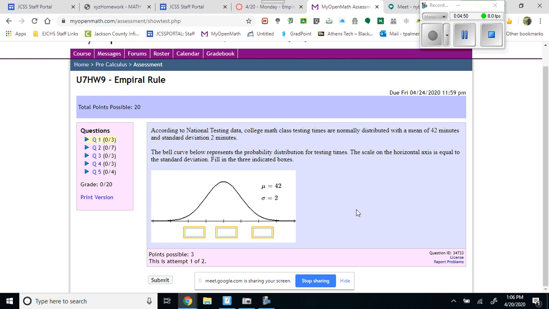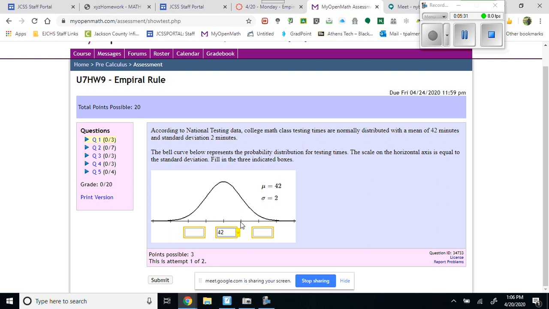Like for this one, according to national testing data, college math testing times are normally distributed with a mean of 42 and a standard deviation of 2 minutes, right? So the bell curve below represents the probability distribution for testing times. On the scale, the horizontal is equal to standard deviations. So this one would be your mean, 42.